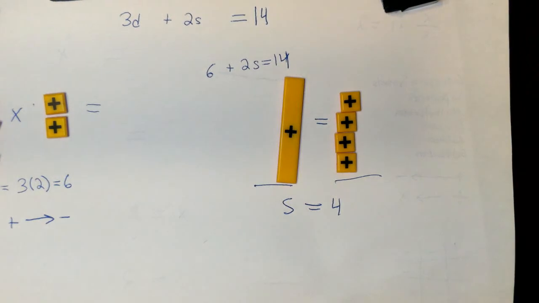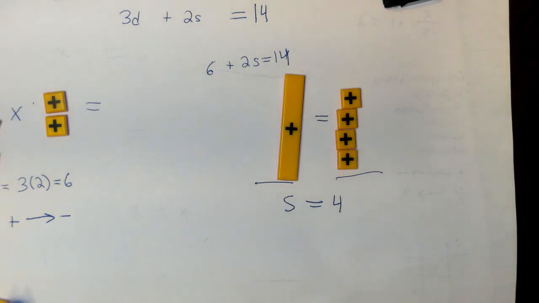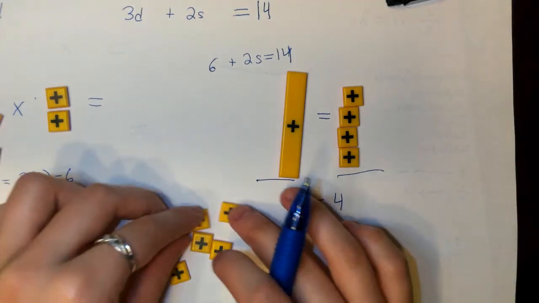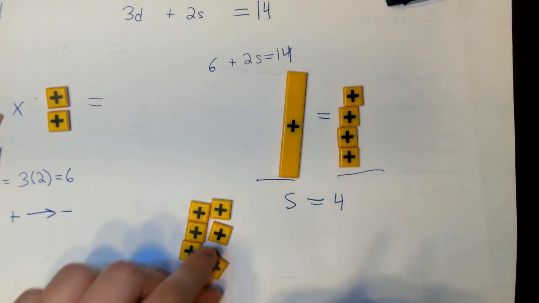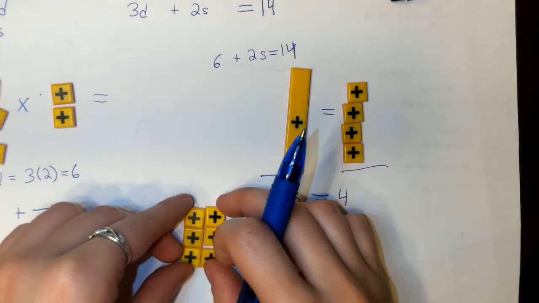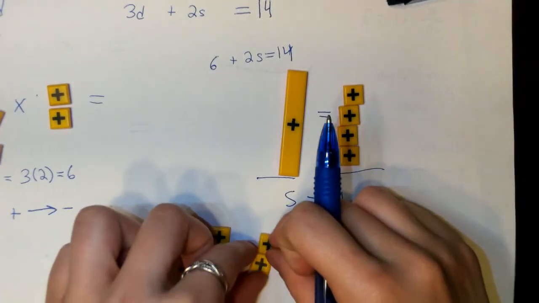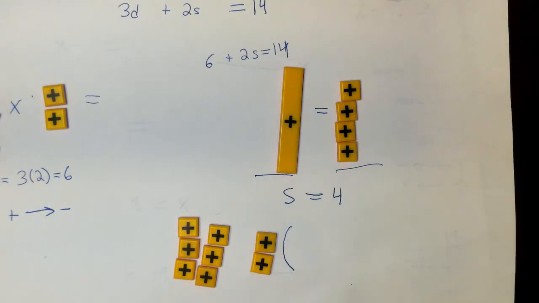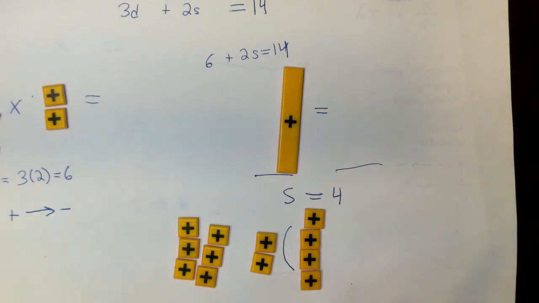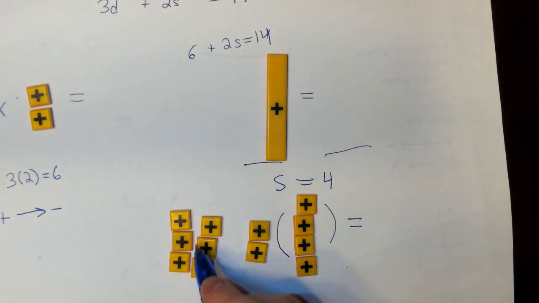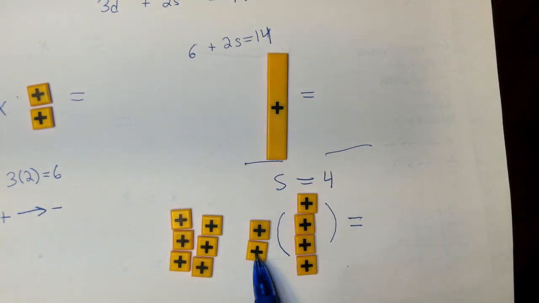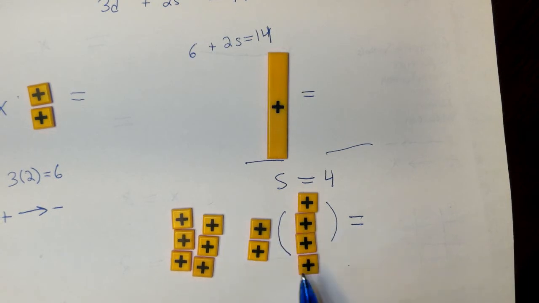Now we can go back and check our answer. So if we have 6 tiles, 4, 5, 6, plus 2 times 4, which we have right here, is equal to 8.